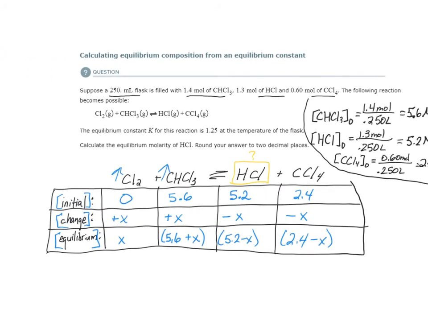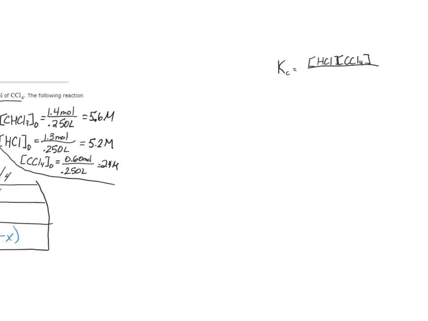So it's simply the concentration of HCl times the concentration of CCl4 divided by the same thing for our reactants, Cl2 and CHCl3.